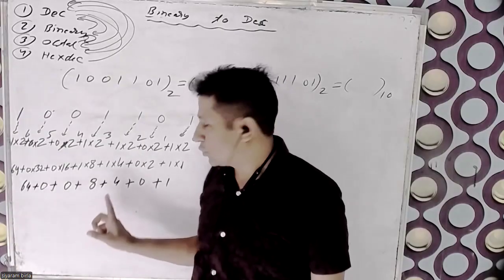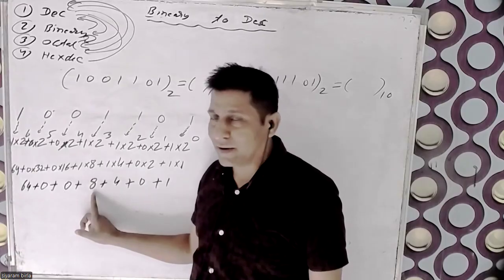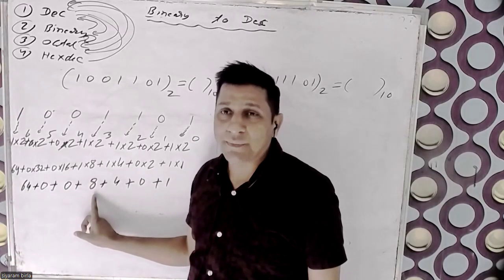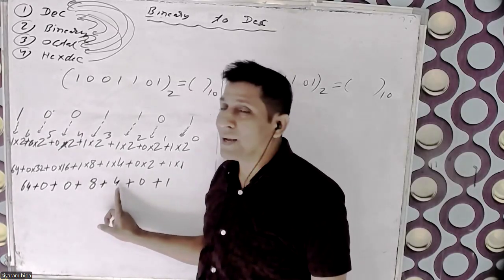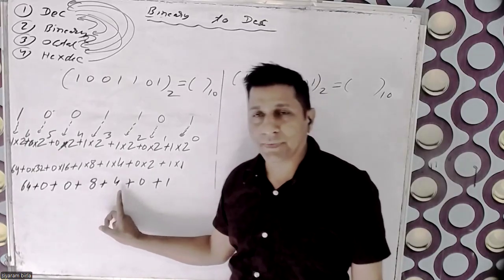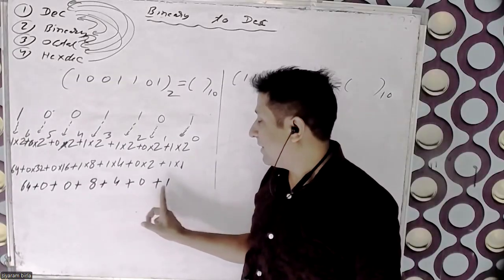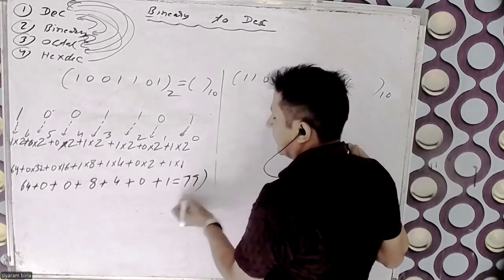But 8 is difficult, so you can take 2 from the 4 here and it becomes 10. So 64 plus 8 becomes 74, and 74 plus 2, which you already gave, is 76, and this is the one. It means the answer is 77.